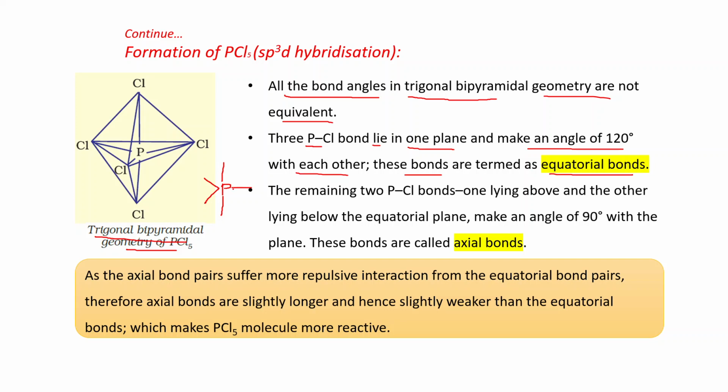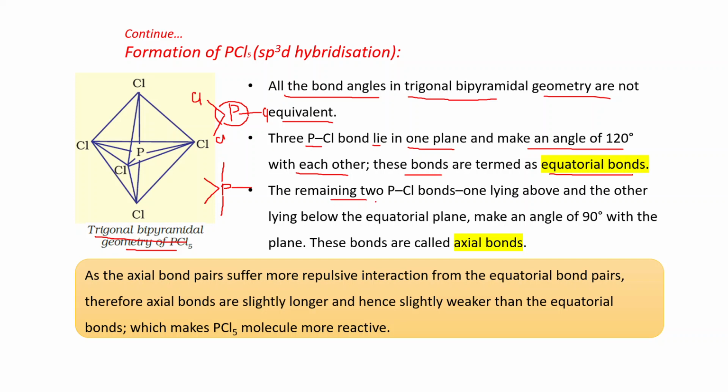Again, see, this is phosphorus, and these three phosphorus-chlorine bonds are in one plane at 120 degrees. This is 120 degrees, this is 120 degrees, and this is also 120 degrees.